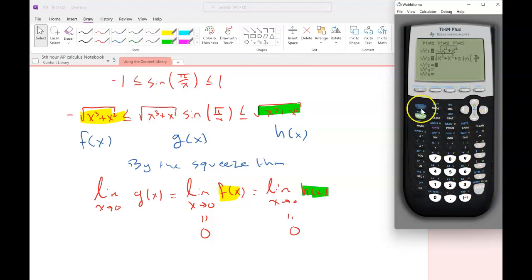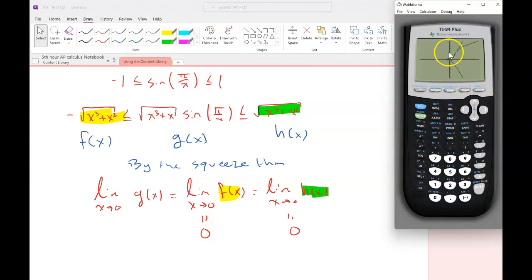Then I have the positive, and we'll graph that. That seems okay. I want to check my mode real quick. I am in radians. Okay.